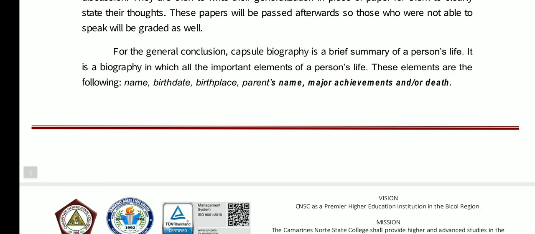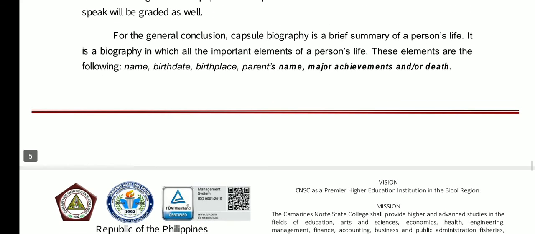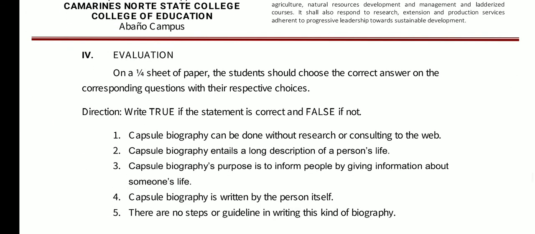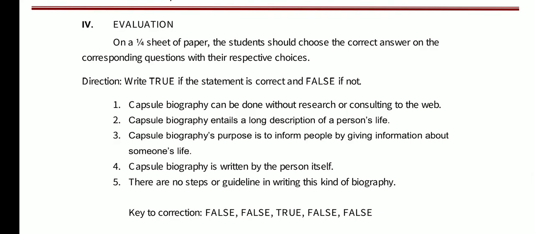And for the general conclusion, of course, the teacher will generalize the topic briefly. Afterwards, an evaluation, which is a short review with true or false statements. So only 5 items.